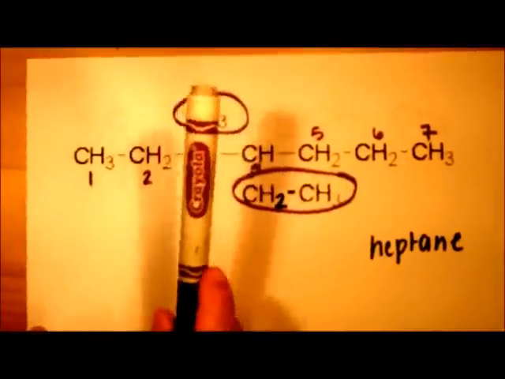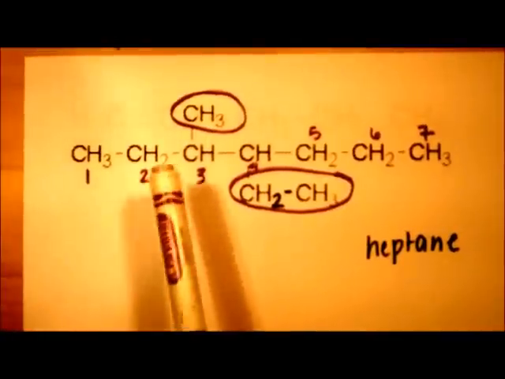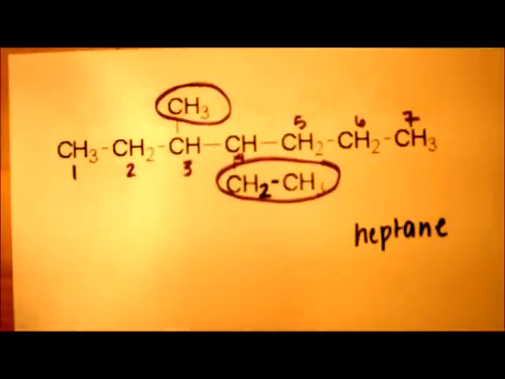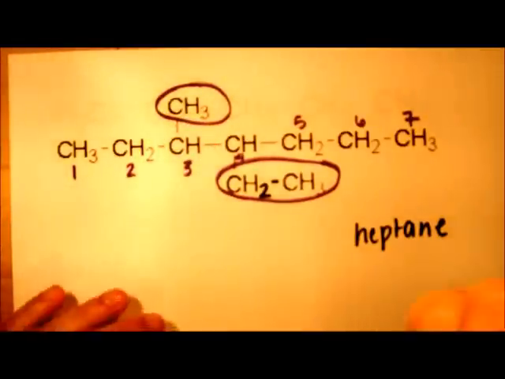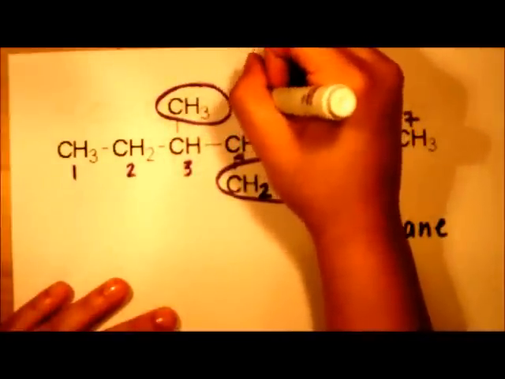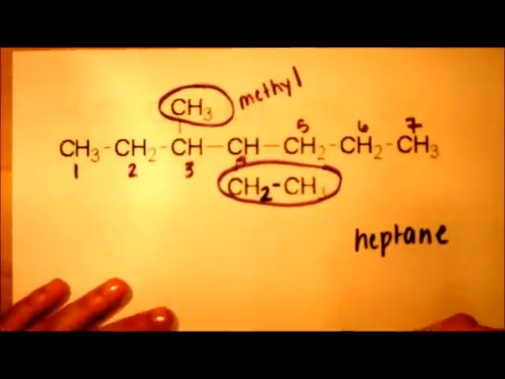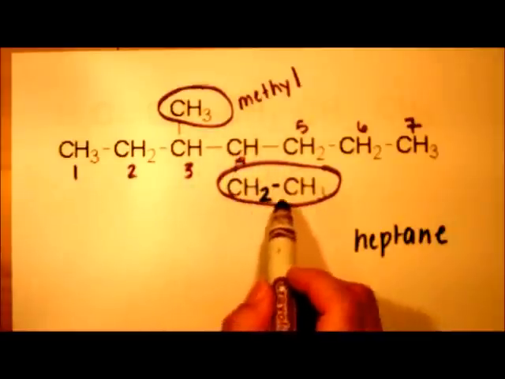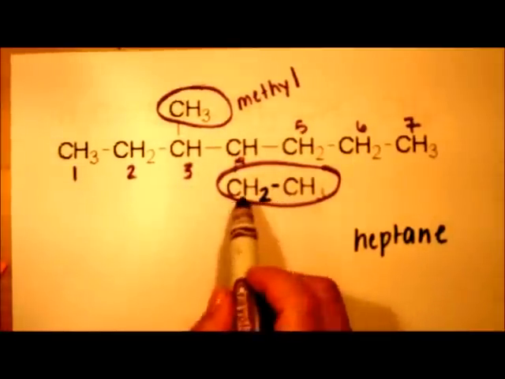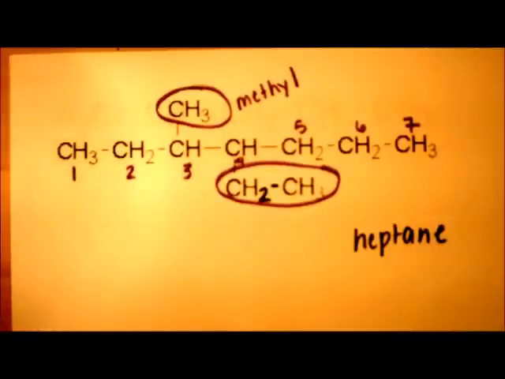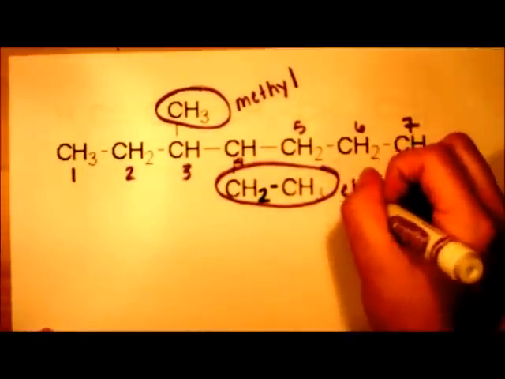We have one branch that occurs at the 3rd carbon, and that one only has 1 carbon, so our prefix for 1 is meth. We know it's going to end in YL, so we call this methyl. Now we have another branch that comes down here, and it has 2 carbons, and we know that the prefix for 2 is eth, so we call this one ethyl.